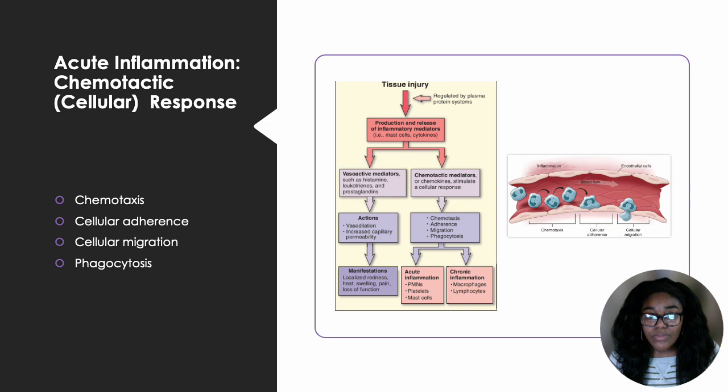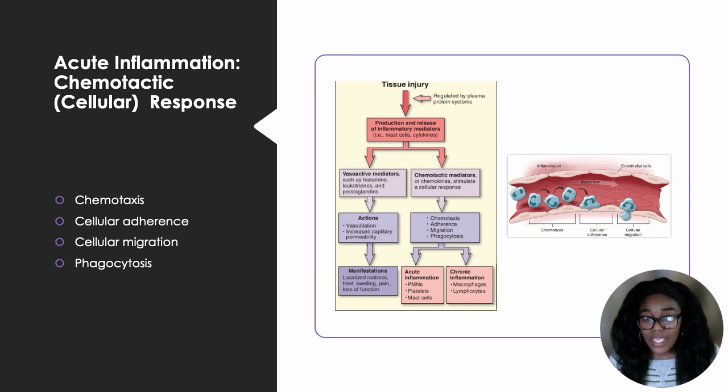That's where the cell is literally moving in between those endothelial cells to get to the site where the injury has occurred. Those endothelial cells literally separate or spread apart. This process is called diapedesis. When they spread apart, that helps with the migration of the cells.